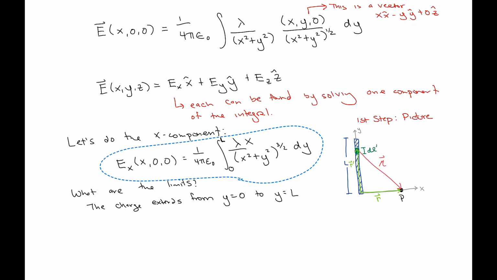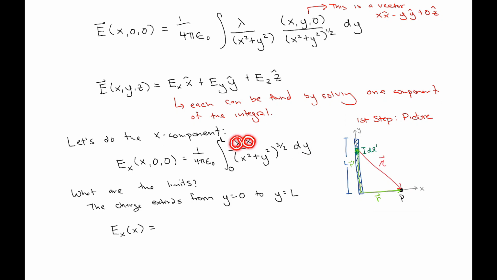Maybe to simplify it, I can rewrite it one more time, and I'm going to pull out all of the stuff that doesn't depend on y. Remember, if something doesn't depend on what you're integrating over, in this case y, you can pull it out of the integral. Lambda is a constant. It doesn't depend on y. X here does not depend on y.